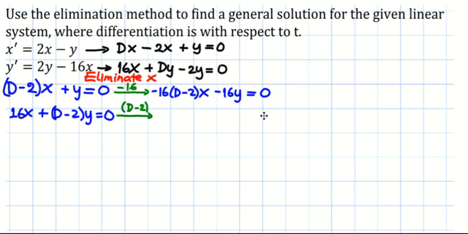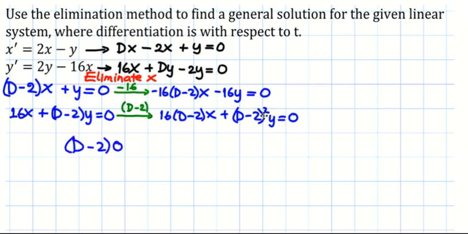And then we have 16 (d minus 2)x plus (d minus 2) squared y equal to 0. The derivative of 0 and then 2 times 0 is, of course, 0.